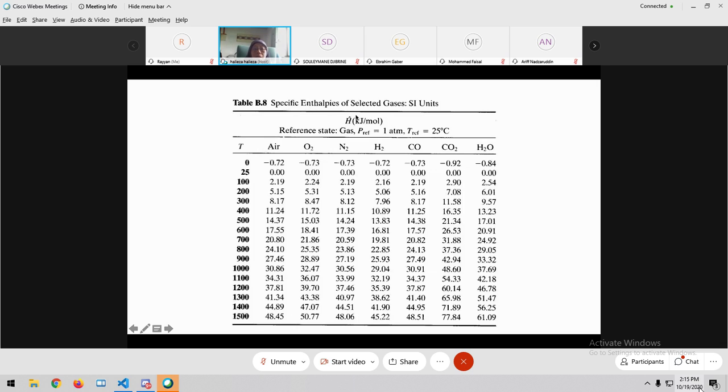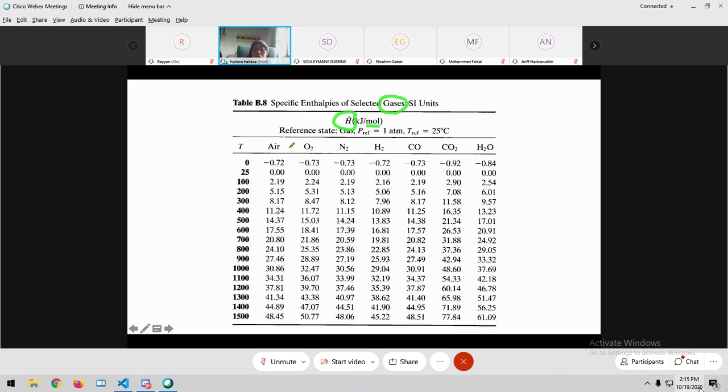So if you look at this, this is specific enthalpy. So the unit is per unit mole. And you're looking at gases. This is specifically for gases. So at different temperatures, you will have different values of enthalpies. It's not going to be constant at the different temperatures.